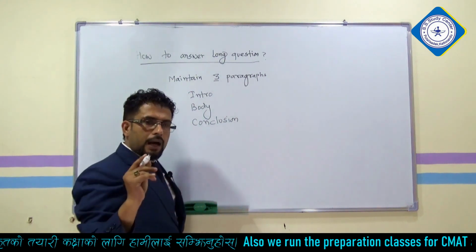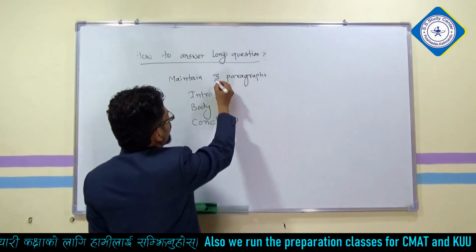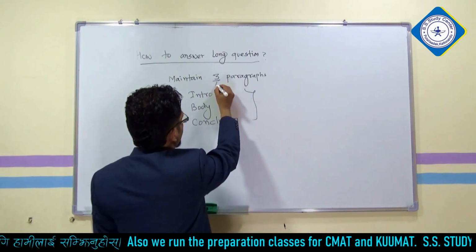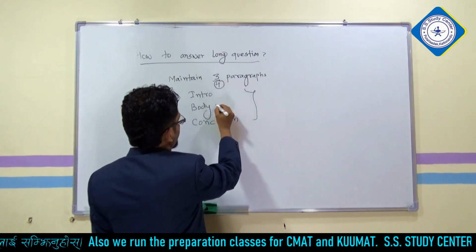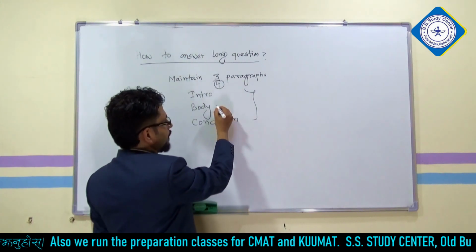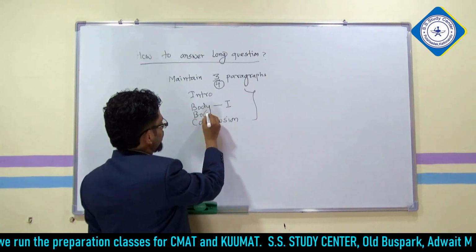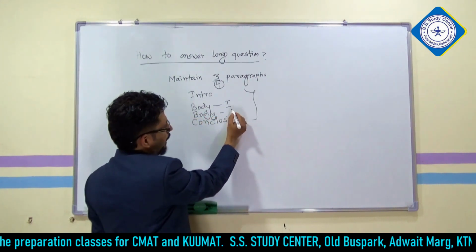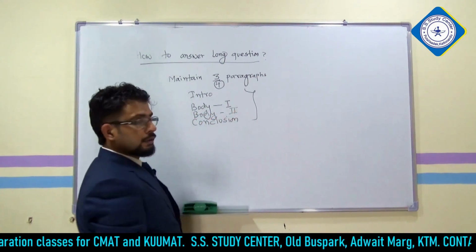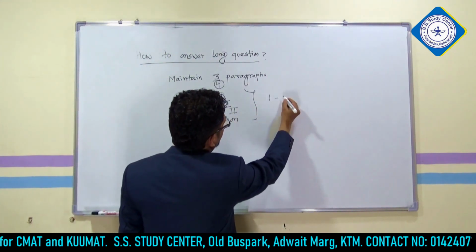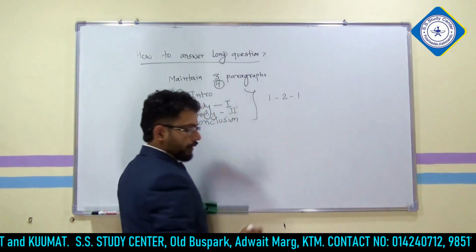But here I will tell you not only to maintain these 3 paragraphs, try to maintain 4 paragraphs. Sir, which one is the next, you may be asking. You can make 2 body paragraphs, body 1 and body 2. Is it clear to you? Fine.